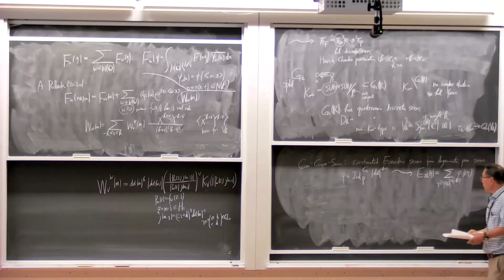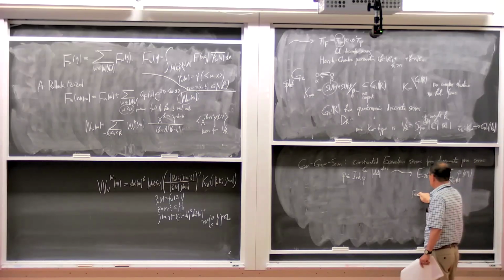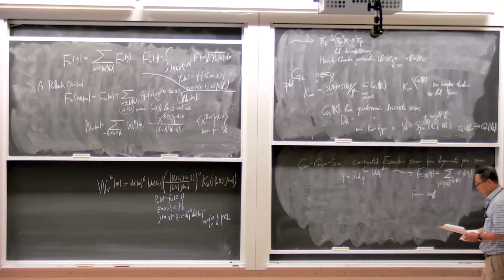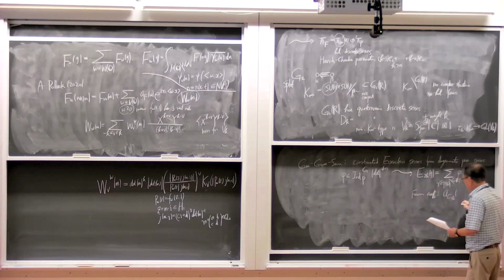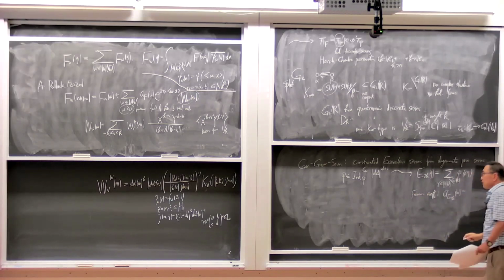And they show that this is a quaternionic modular form of weight 2k. They also computed the Fourier coefficients, and the Fourier coefficients are attached to the zeta function.